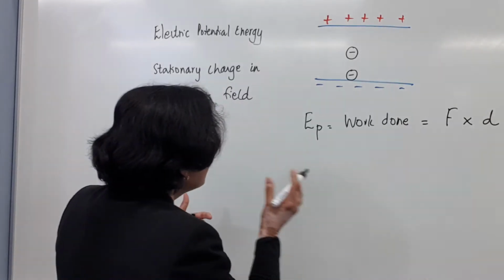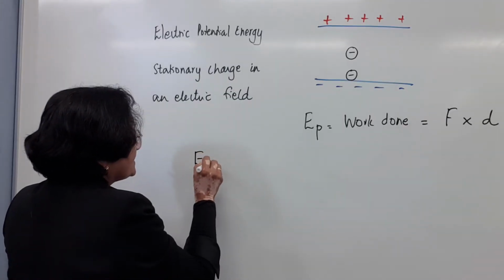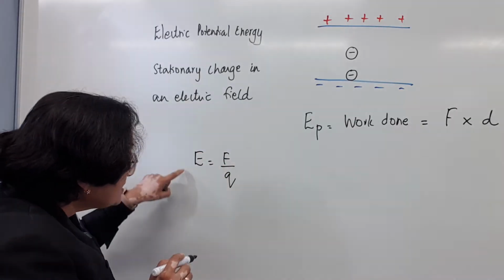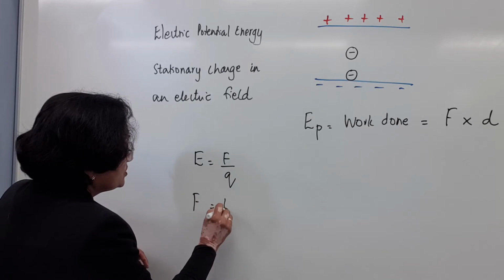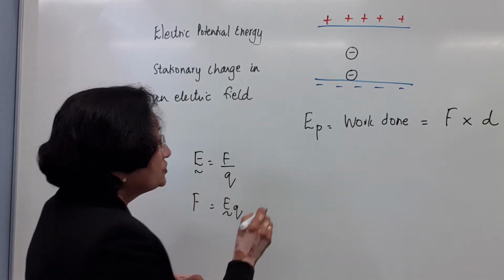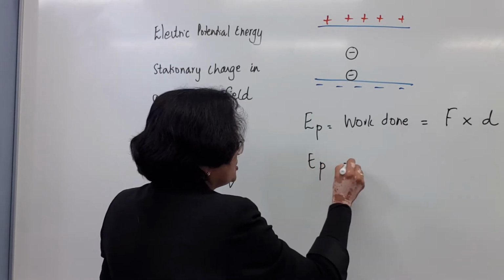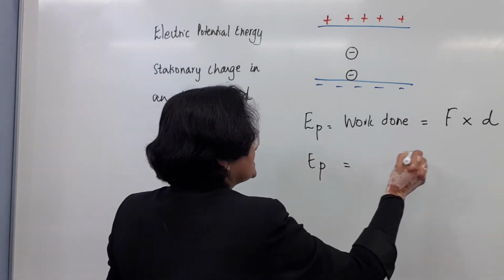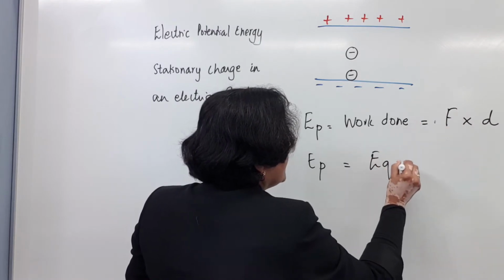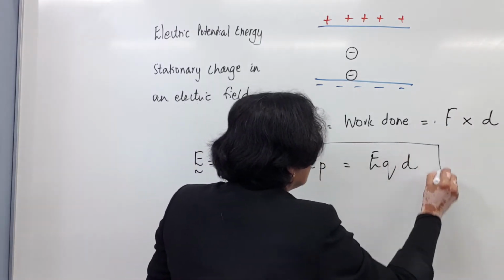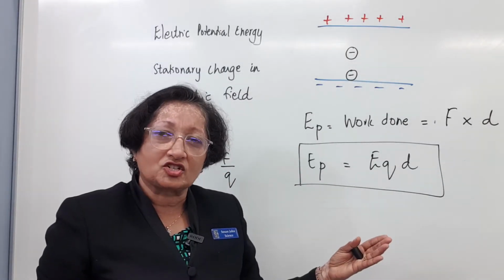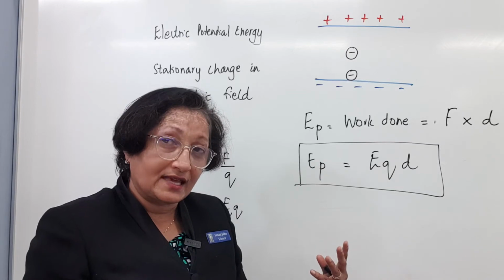And we learned in the last lesson that electric field strength is F over Q. If you rearrange this, you get F equals EQ, where E is the electric field strength. So this electric potential energy can also be written, in place of F, as EQD. So this is one way of calculating the electric potential energy that a charge could gain.